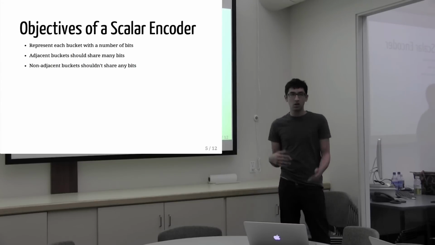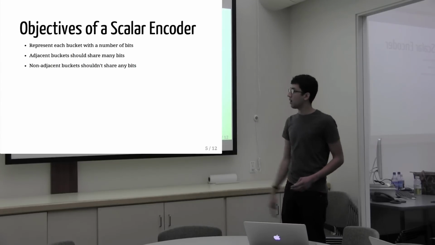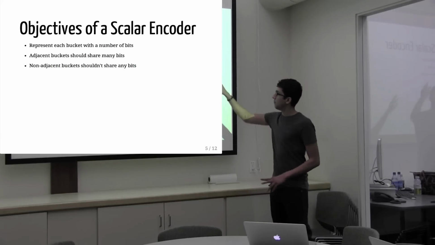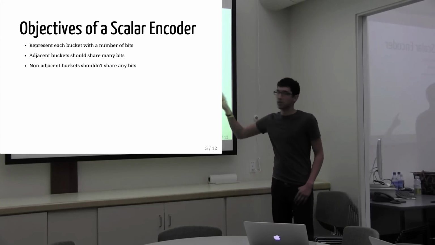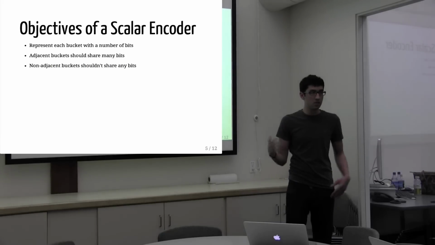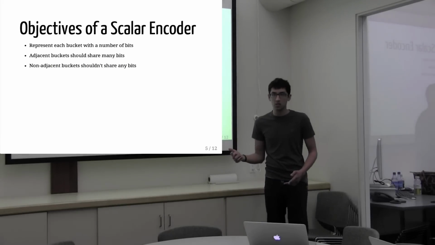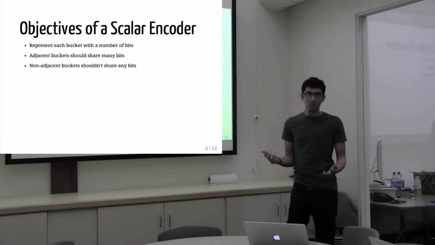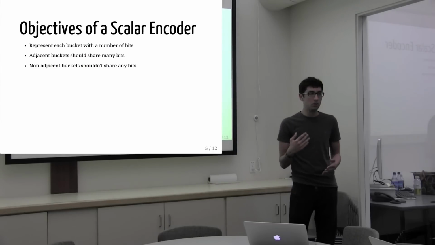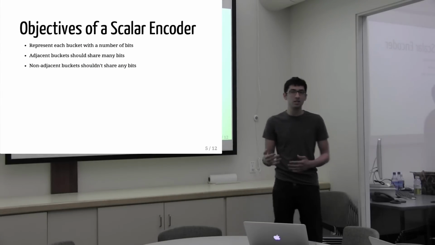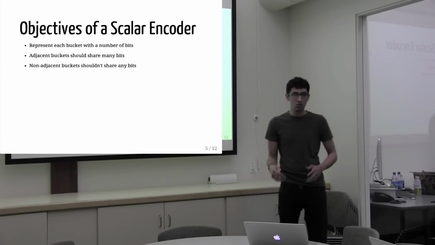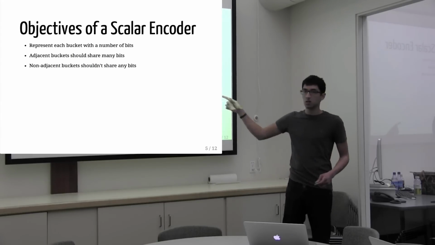So when we're designing a scalar encoder, the main 2 objectives are that you want to represent each bucket with a number of bits, and you want it to be a sparse distributed representation. So you want it to be sparse, and you want the bits to contain some conceptual meaning about those things that they're representing, in this case, scalars.